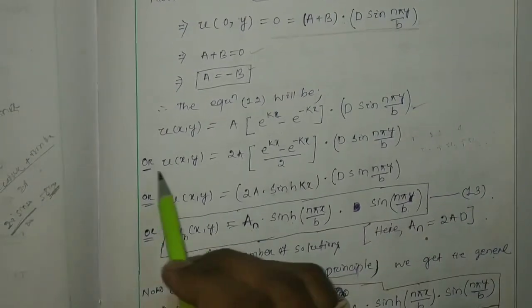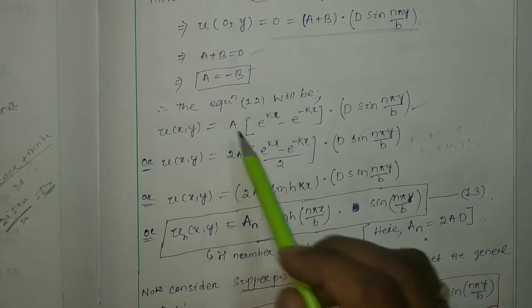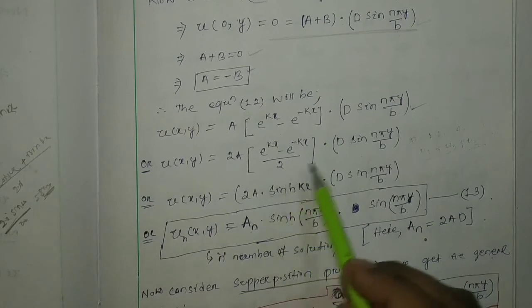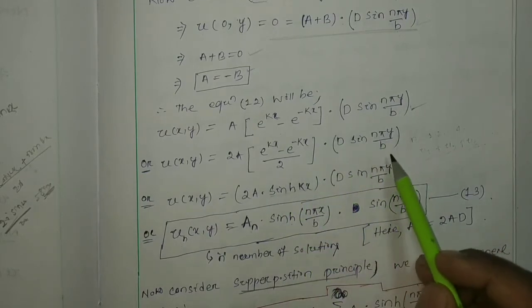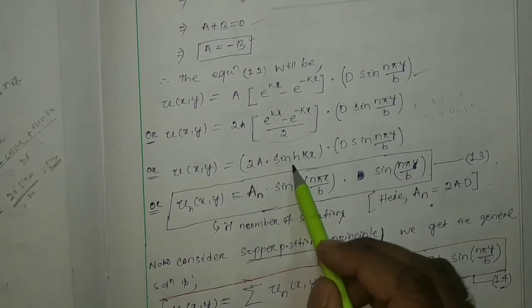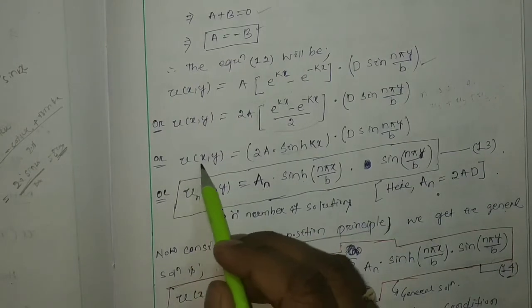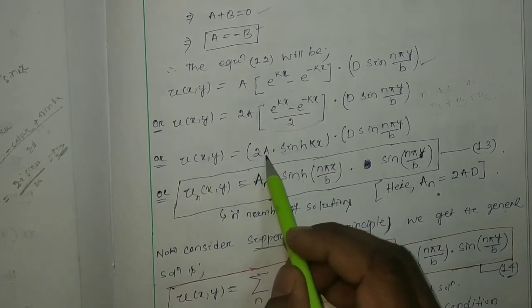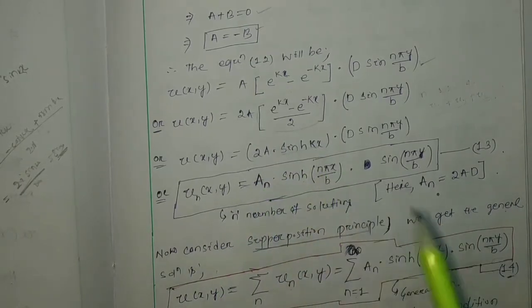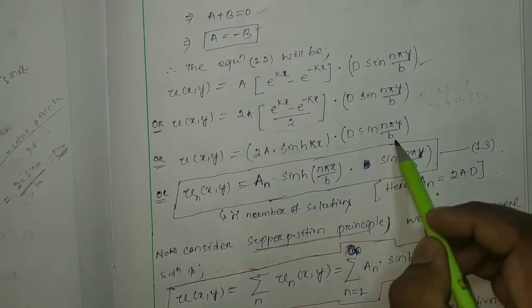Or we can write u(x,y) equal to 2a multiplied and divided, e to the power kx minus e to the minus kx by 2, into d sin n pi y by b. This much value is nothing but sine hyperbolic kx, that we know very well. So u(x,y) will be equal to 2a sinh kx into d sin n pi y by b.